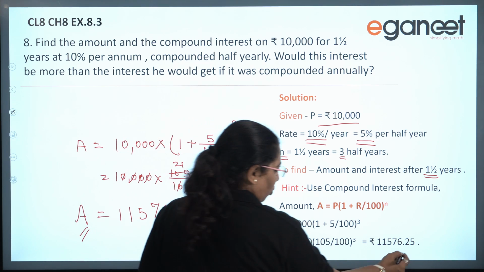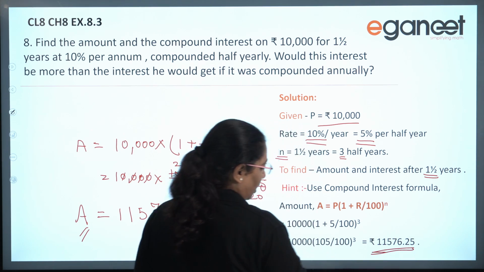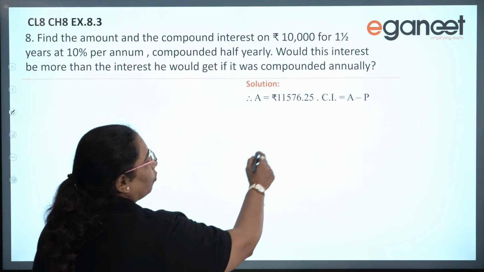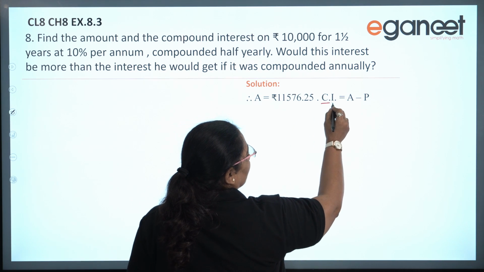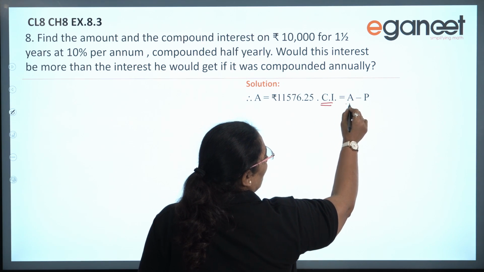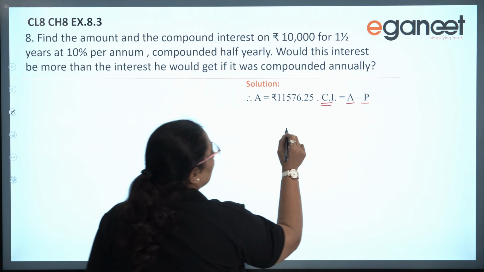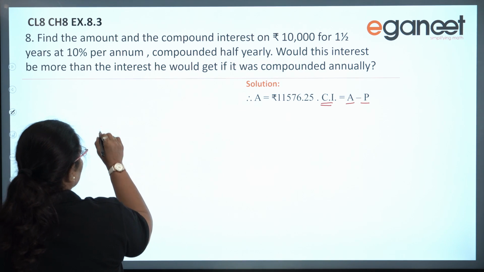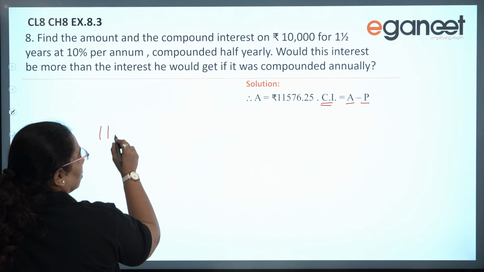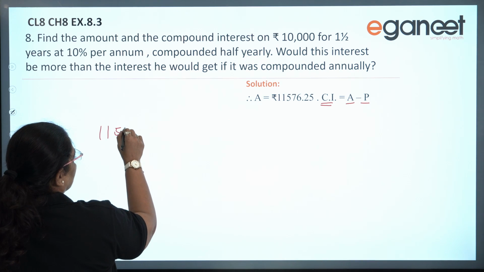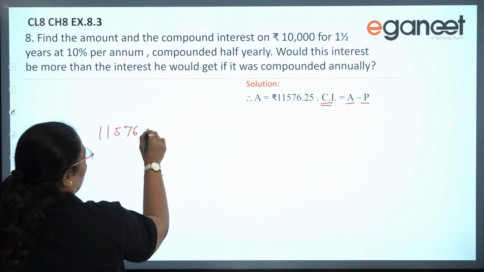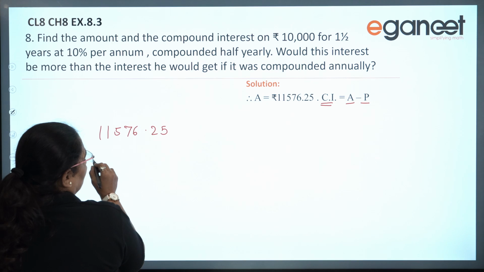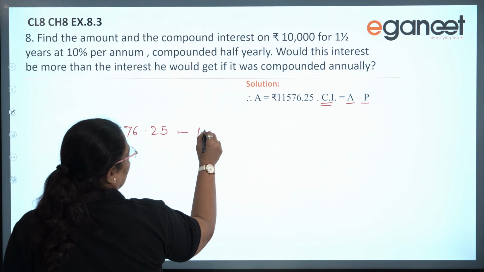Okay. So we got the amount. Right. Now let us find out the compound interest. Compound interest is amount minus principal. As we know, this is 11,576.25 minus 10,000.